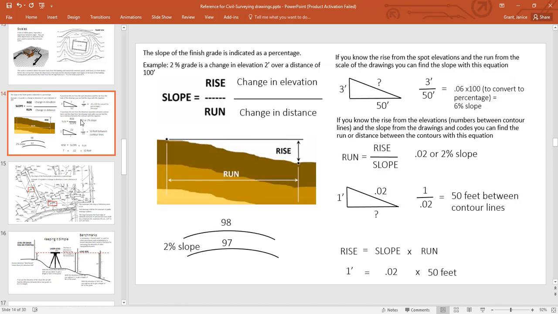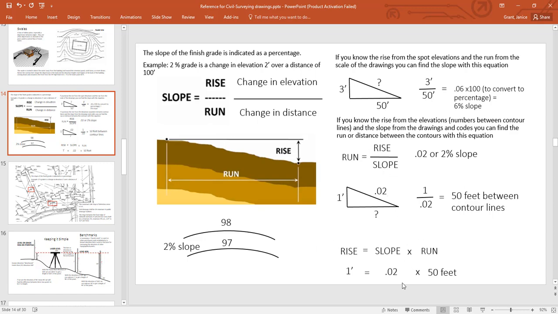We're talking here in this slide about the finished grade and the percentage of the change of distance. So we have this kind of triangle where there's a run and a rise and a slope. So when you look at it, the slope is equal to rise over run, and if you do a little bit of math, you'll see that the run is equal to rise over slope.